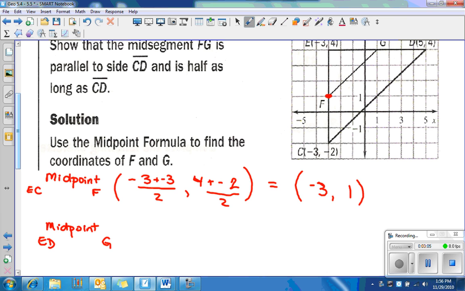So the midpoint of ED, which we're calling G, is located at, E is at -3 for your X values, and D is at +5. And your Y values are +4 and another +4, and you always divide by 2.